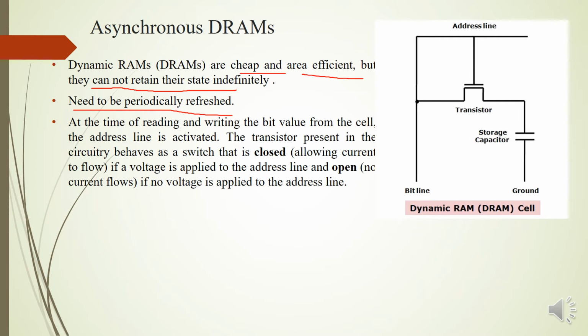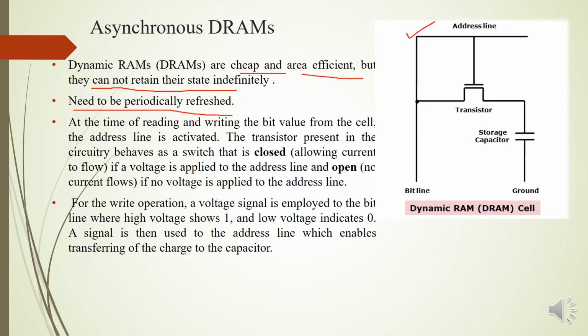At the time of reading and writing the bit value in this DRAM cell, the address line is activated. The transistor present in the circuit behaves as a switch. That is, it is closed, allowing current to flow, if voltage is applied to the address line, and it is open if no voltage is applied to the address line.